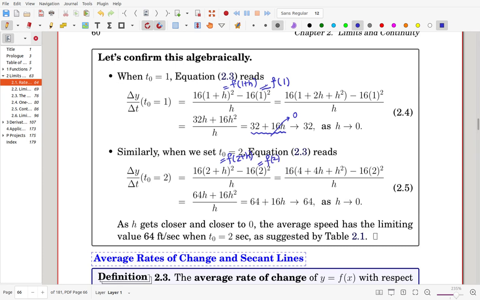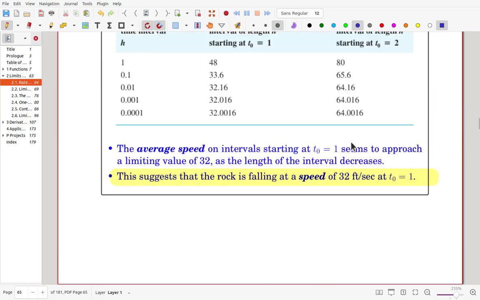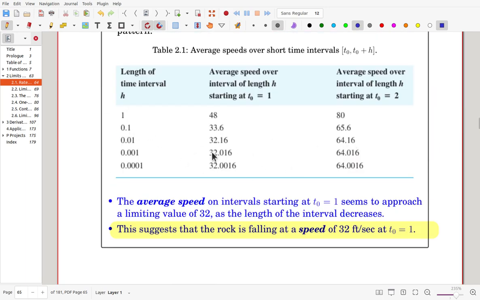And again, in the same way, algebraically, you can simplify it like this. That is 64 plus 16h. So here again, as h approaches 0, it is approaching 64. That is exactly what we already observed from the computation.